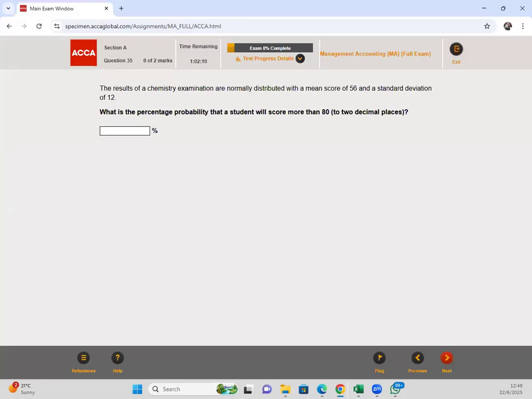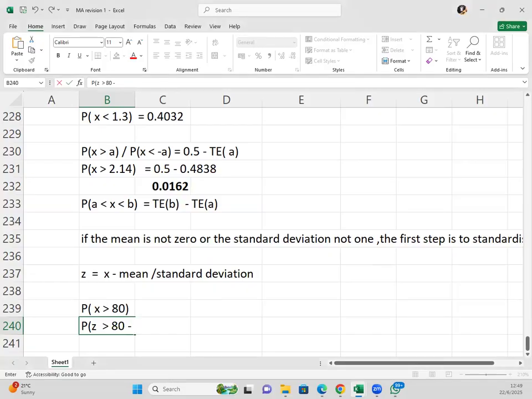The mean is 56, standard deviation is 12. So you say X minus mean, that is the 80 we're looking for, minus the mean 56, divided by the standard deviation 12.